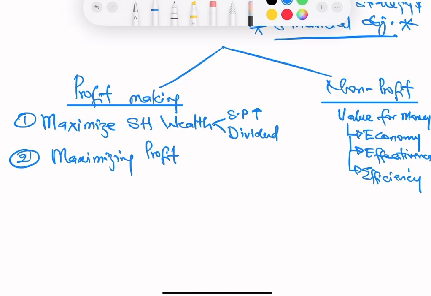And this is slightly different from maximizing shareholders' wealth, because I know some students confuse this with it. Remember, maximizing profit does not necessarily mean that the shareholders will get dividend, because if you don't have cash, you can't pay dividend, even if you make profit.